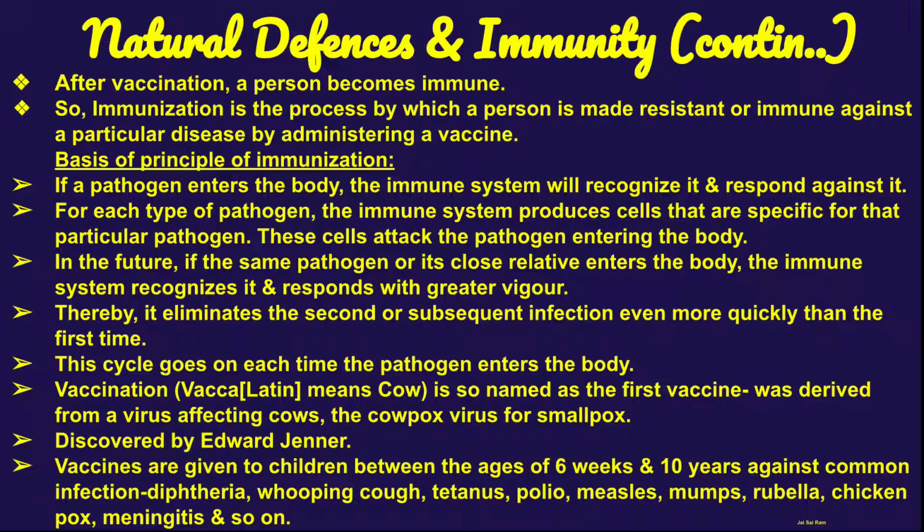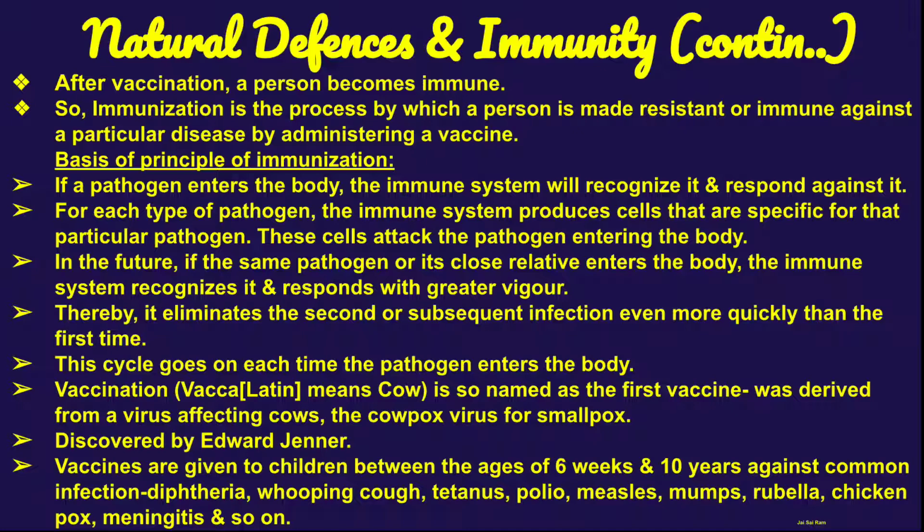So immunization is the process by which a person is made resistant or immune against a particular disease by administering a vaccine. By giving a vaccine, a person becomes immune or resistant to a particular disease.